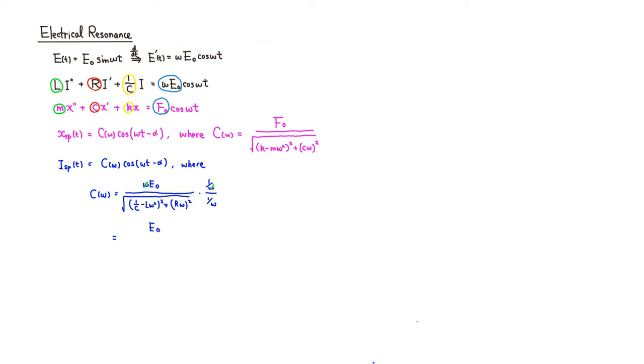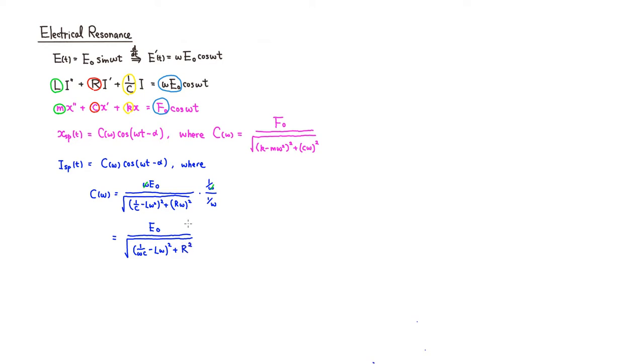Then we have to put 1 over omega inside the square root, so 1 over omega becomes 1 over omega squared. So it's going to be simply 1 over omega C minus, we have to divide by omega, so L omega squared plus, the division by omega squared cancels out, so you just get R squared.